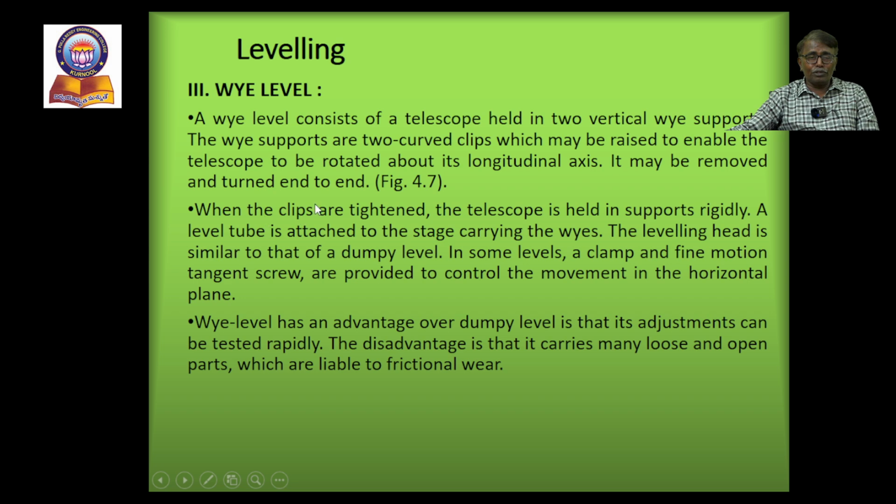It may be removed and turned end to end. When the clips are tightened, the telescope is held in the supports rigidly. A level tube is attached to the stage carrying the vernier. The leveling head is similar to that of the dumpy level, and in some levels, a clamp and a fine motion tangent screw are provided to control the movement in the horizontal plane.